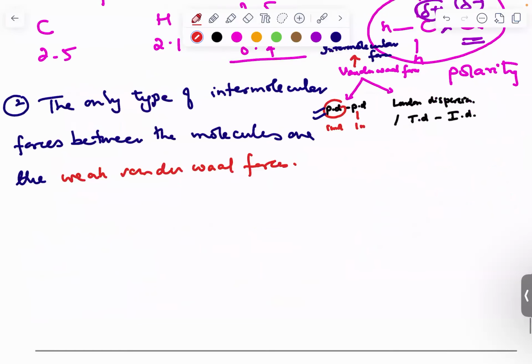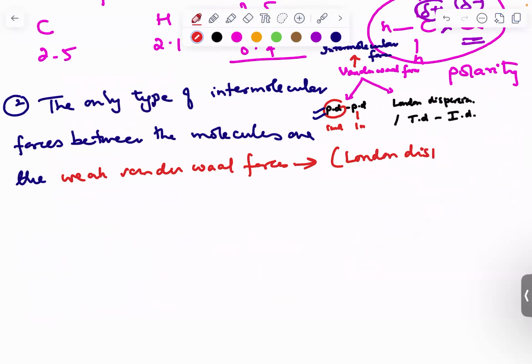And which type of weak van der Waals forces? London dispersion forces. All right. And although it's weak, if the molecule is large, then the London dispersion forces would also be greater.